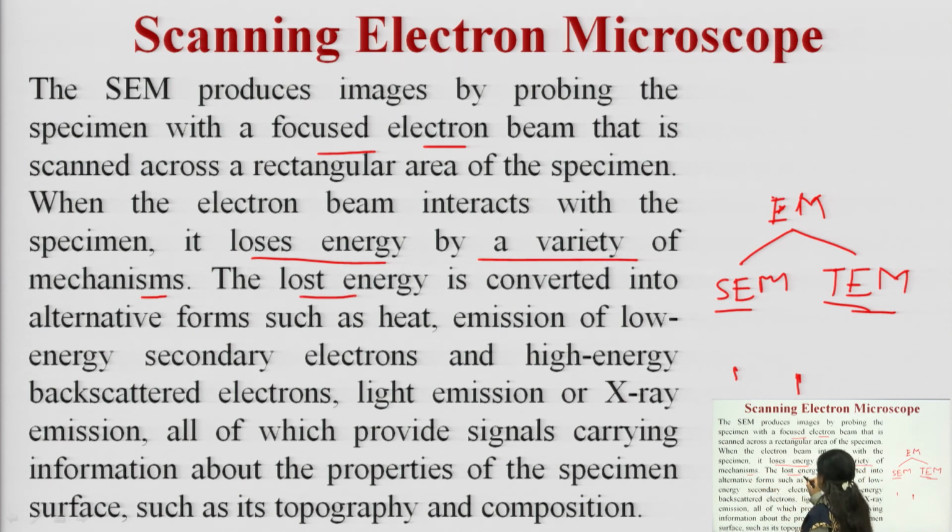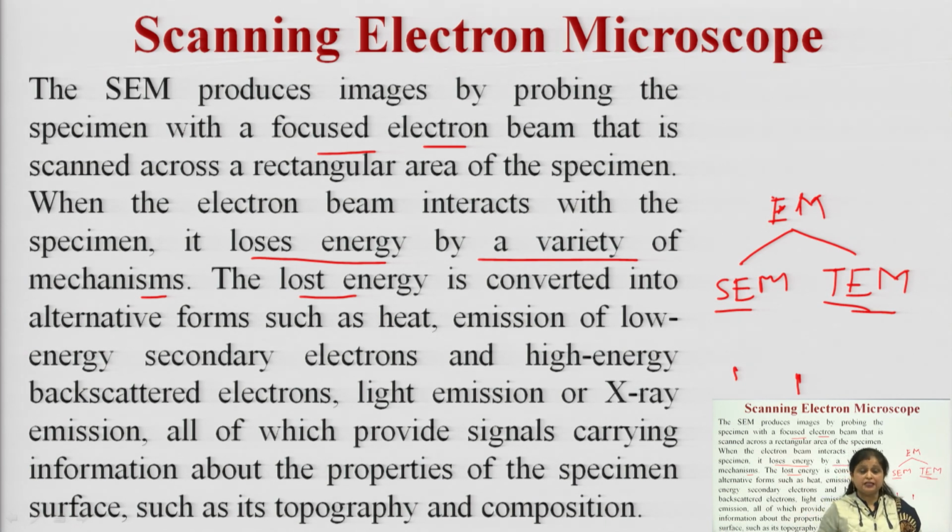The beam is generated at the cathode and projected towards the specimen with the help of two condensers, the first condenser and the second condenser, which create an electromagnetic field within the instrument and direct the electrons towards the specimen.